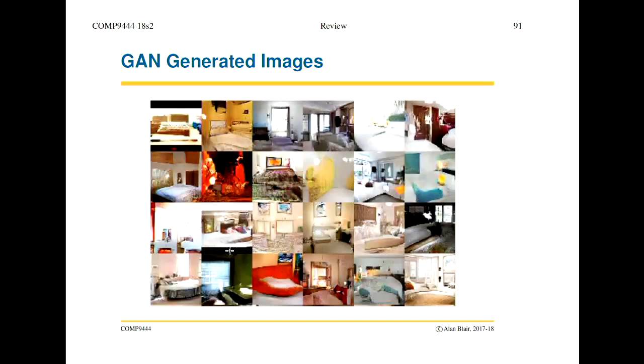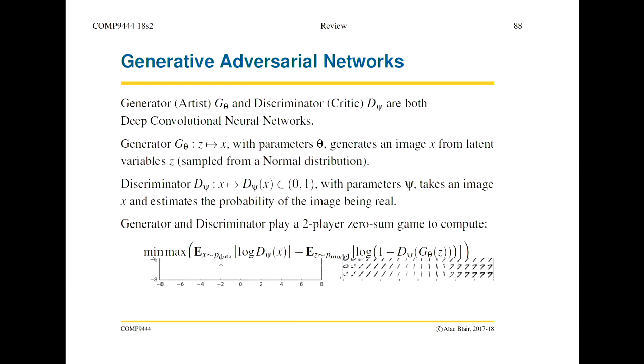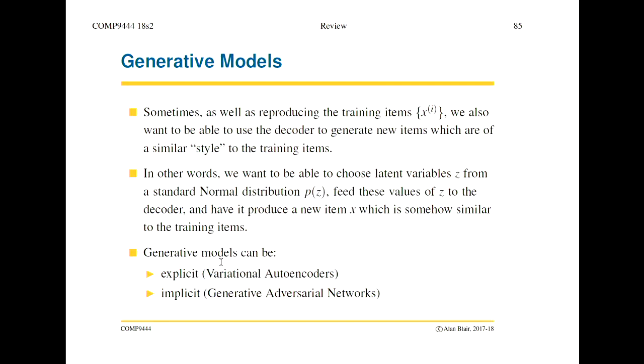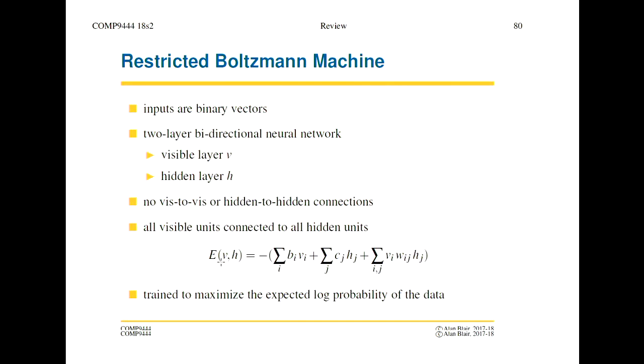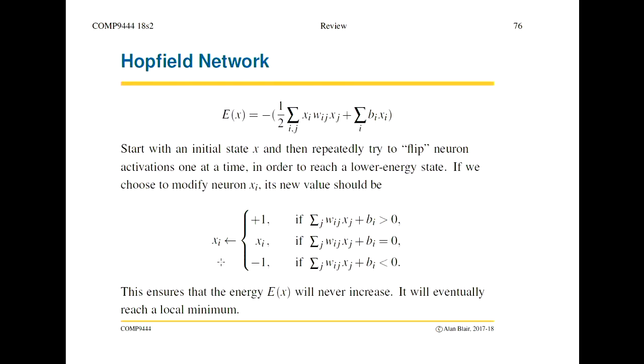Okay, the energy in the Boltzmann machines. That's a good question. Well, let's first go back to the Hopfield network, because it may be a little bit more intuitive here.